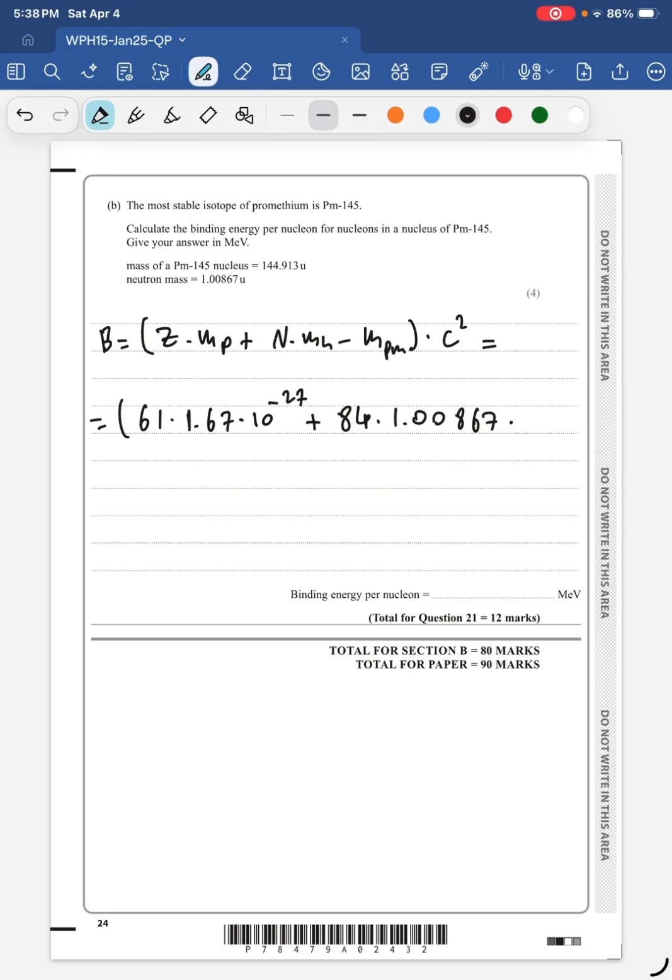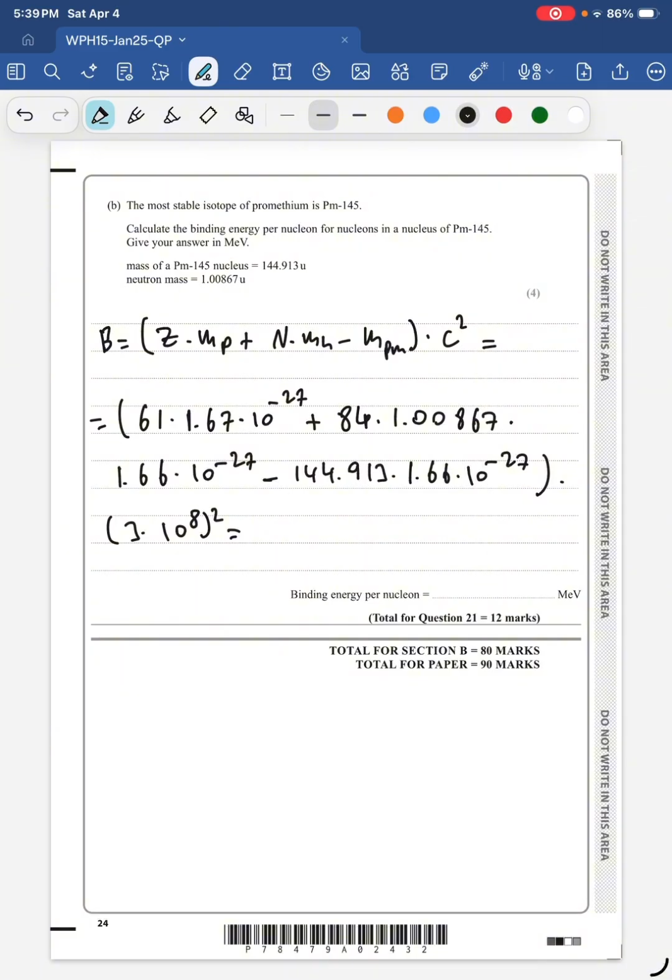1.00867, and then one atomic mass unit is 1.66 times 10 to the minus 27 kilograms, minus the mass of promethium, which is 144.913 times 1.66 times 10 to the negative 27 kilograms. And then we have to multiply by 3 times 10 to the 8 squared.